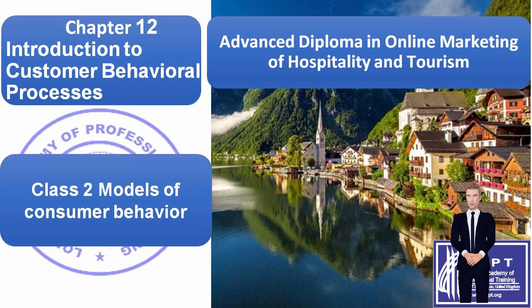It depends on whether it is an extended or a routine problem-solving behavior. Second stage, information input. At this stage the consumer gets information from marketing and non-marketing sources, which also influence the problem recognition stage of the decision-making process.